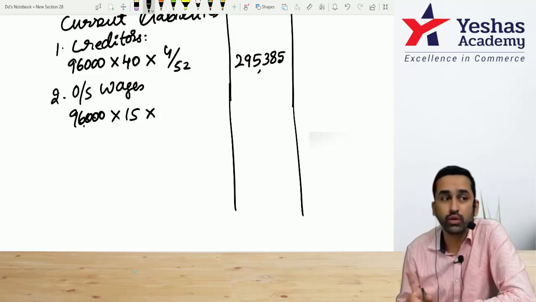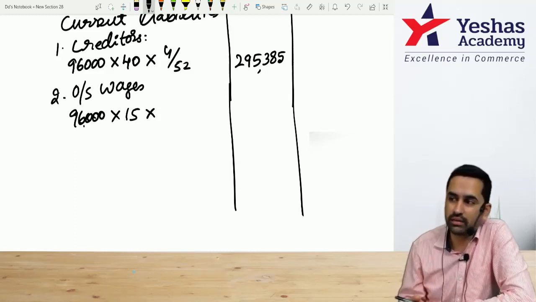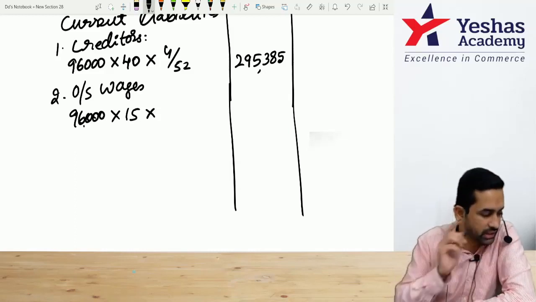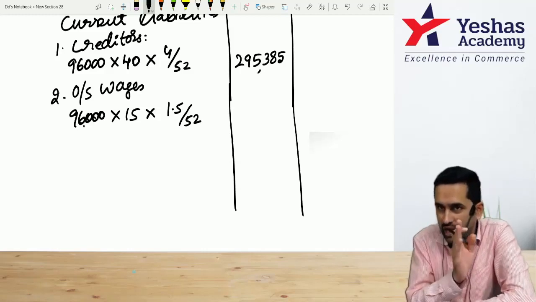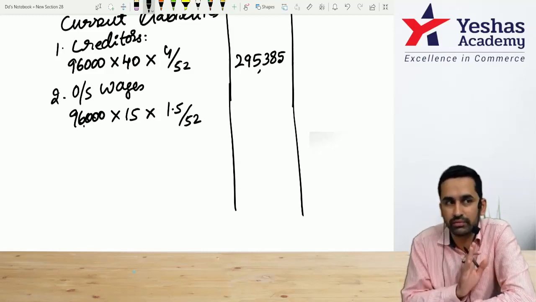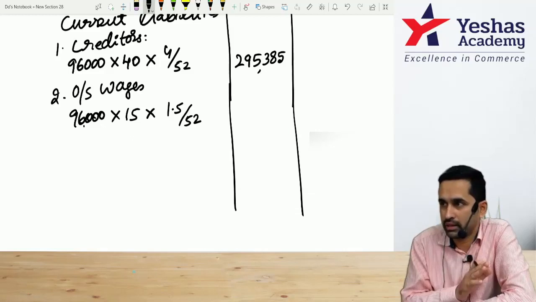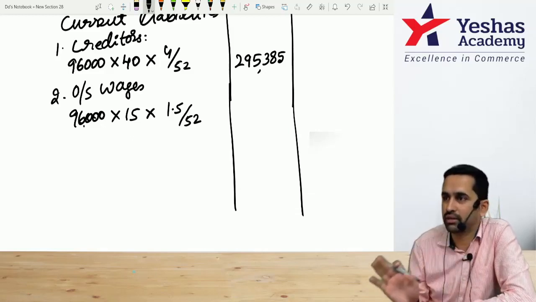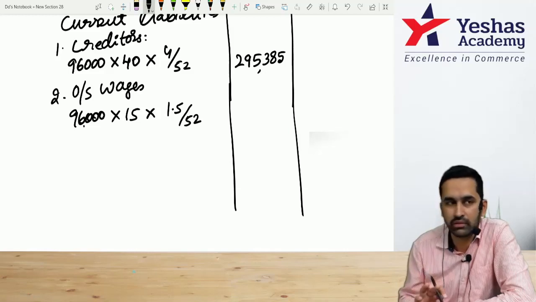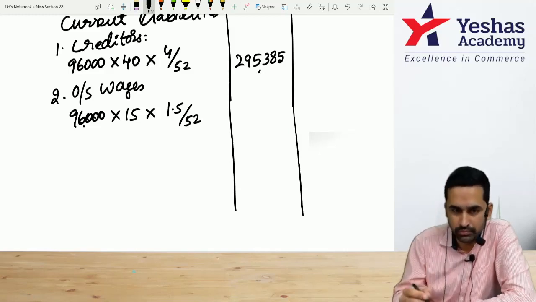Total wages for the whole year. Can I delay it by 1 year? No. What's the delay that I can do maximum? 1.5 by 52. That means only last 1.5 week wages not paid. Correct? Any day you prepare this table, last 1.5 week will remain outstanding. How much is this now?